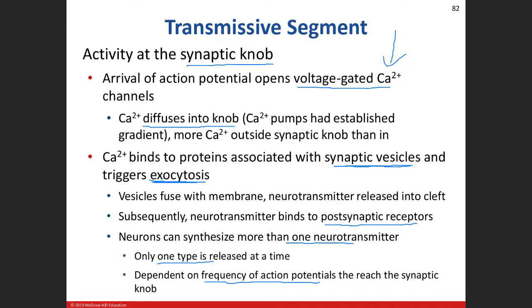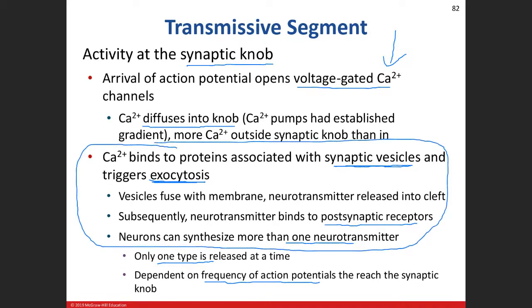That's kind of cool. They're not specific to just making one type of neurotransmitter. They can make several different types, but they can only release one at a time. So you're going to see this repeat itself when we get to muscles. Same type of phenomenon. We're going to review this concept.